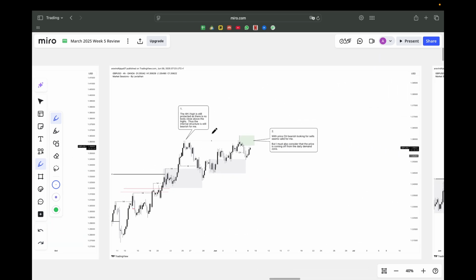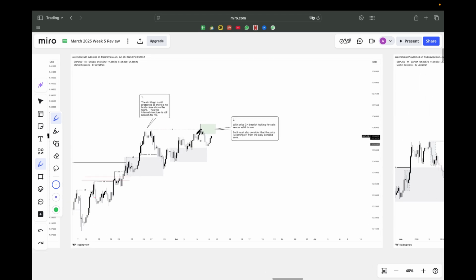Zooming in to the 4-hour chart, you can also see the buy side liquidity sweep in the 4-hour, and this seems a very strong POI that swept liquidity and did a chalk bearish. This is more or less an internal break of structure for me, but since I am using a very large swing range, this is the internal structure for me.